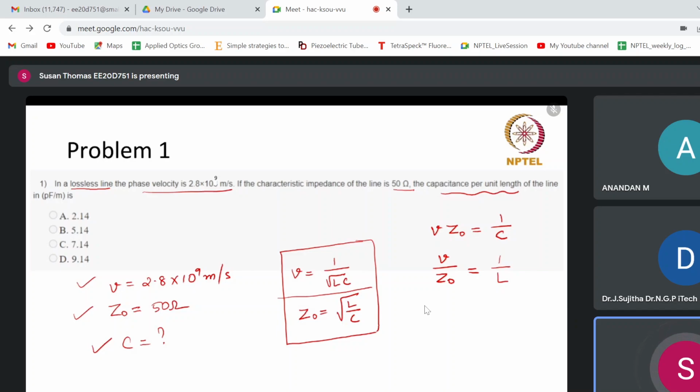So can we calculate C? So C, the capacitance, is 1 by V into Z naught. 1 by V is 2.8 into 10 power 9, into Z naught is 50. Can you find the answer from the options here? All of you can try.